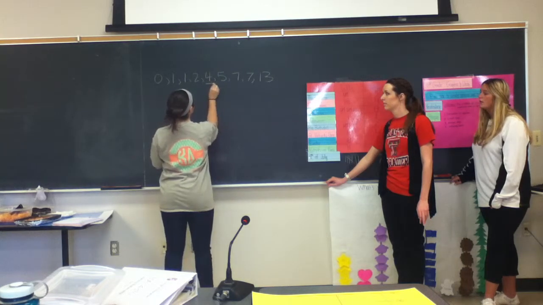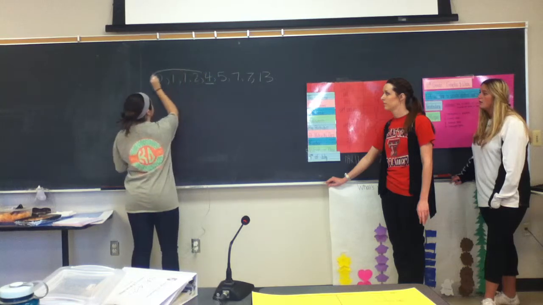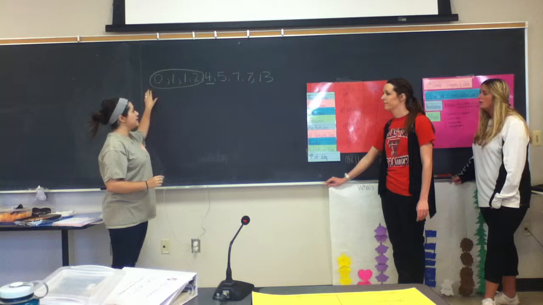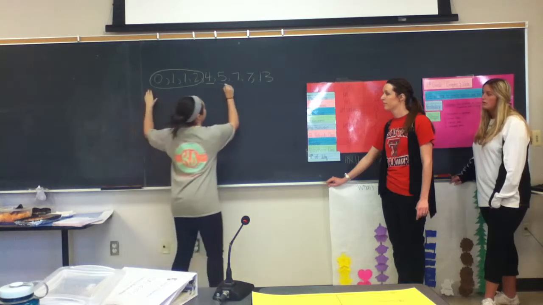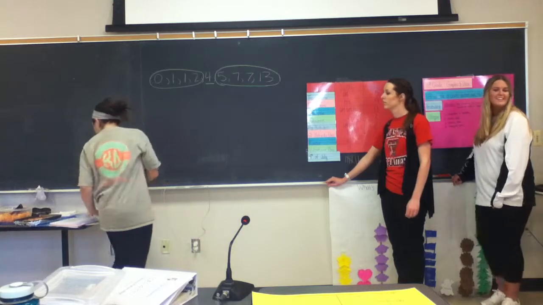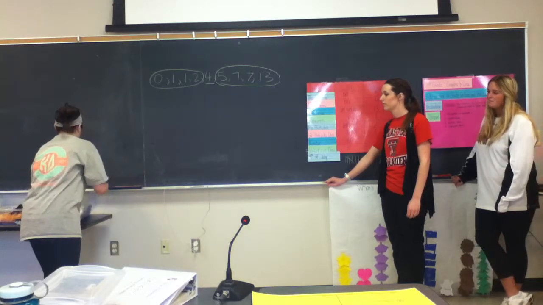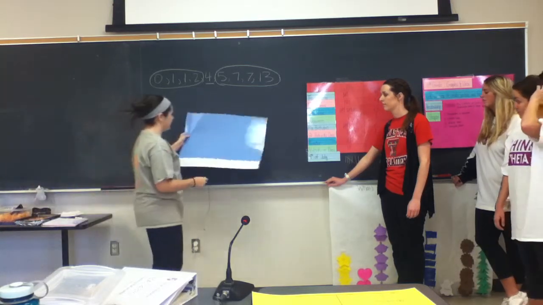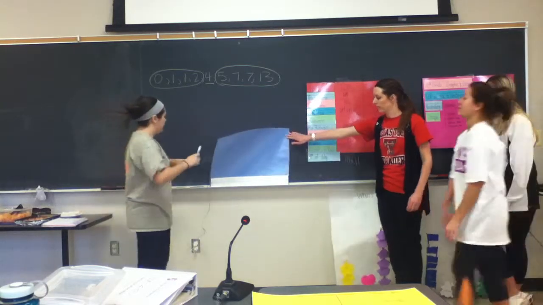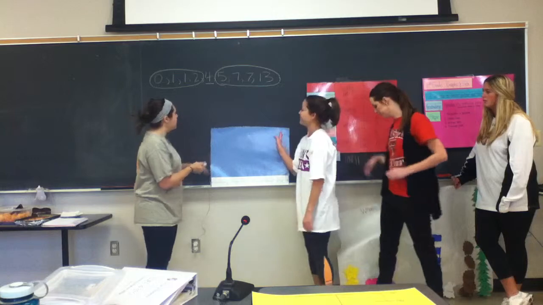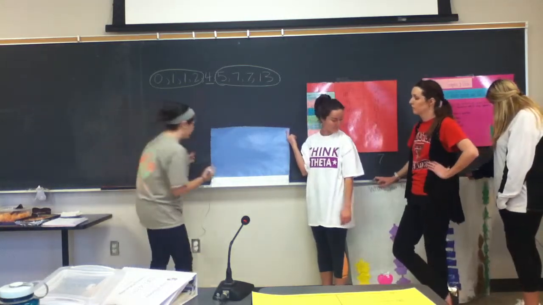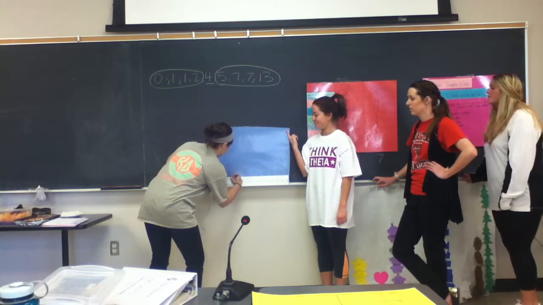So this is our middle, so we're going to circle the group that is to the left of it and the group that is to the right of it. And then we'll start putting it on our box plot. So here's our number line, and we know that our median is 4, so we're going to draw a little dot above 4.